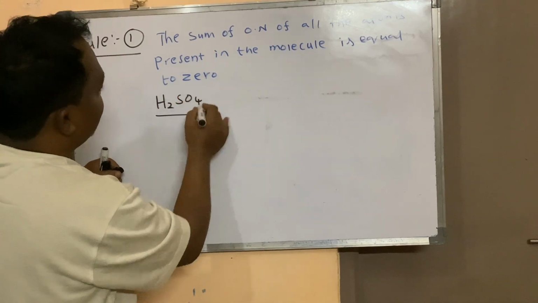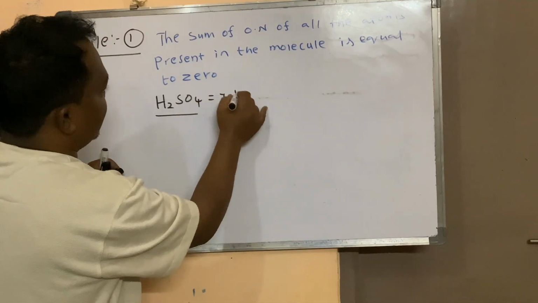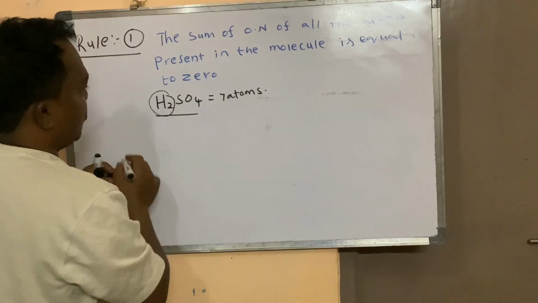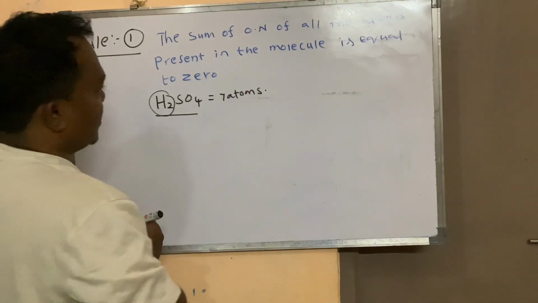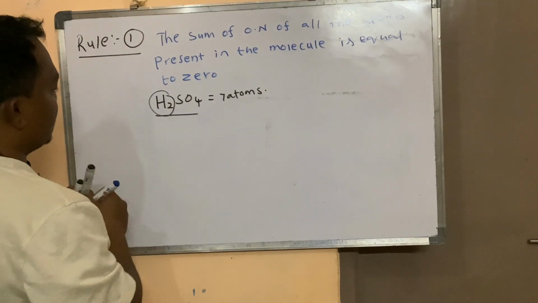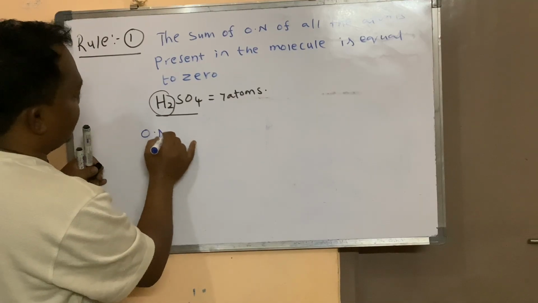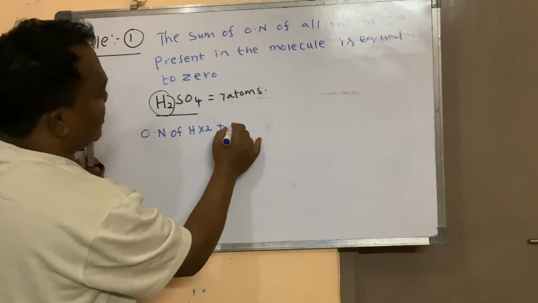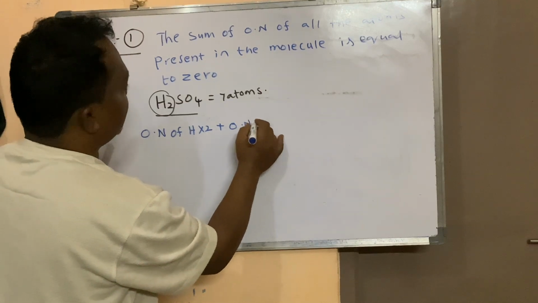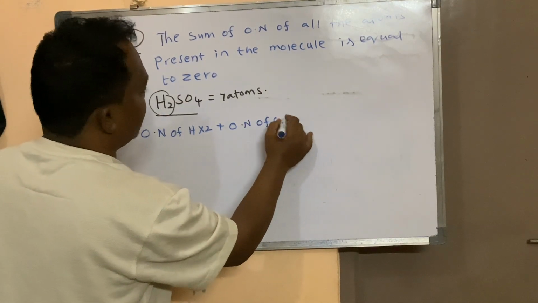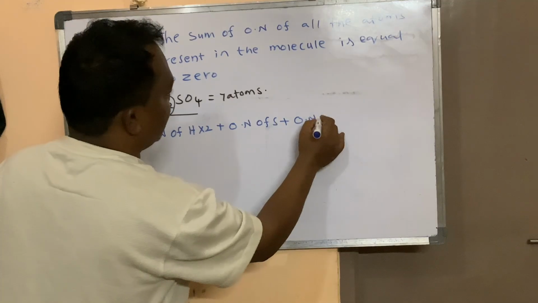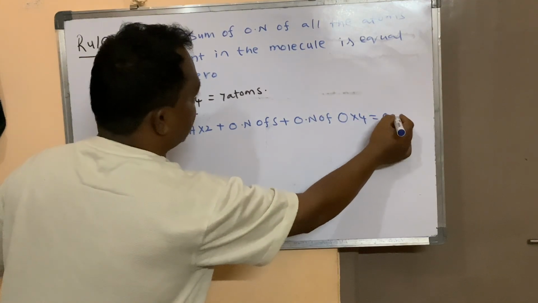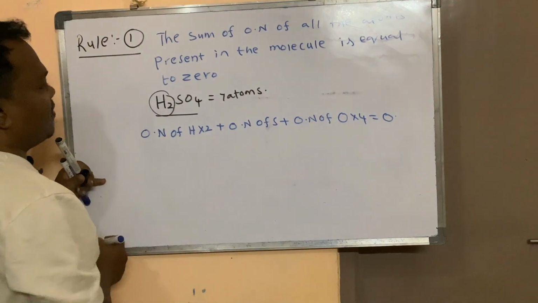How many atoms are there? There are 7 atoms in this molecule: 2 hydrogen atoms, 1 sulfur atom, and 4 oxygen atoms. That means the oxidation number of hydrogen times 2, plus the oxidation number of sulfur, plus the oxidation number of oxygen times 4, is equal to 0. So this is the first rule.